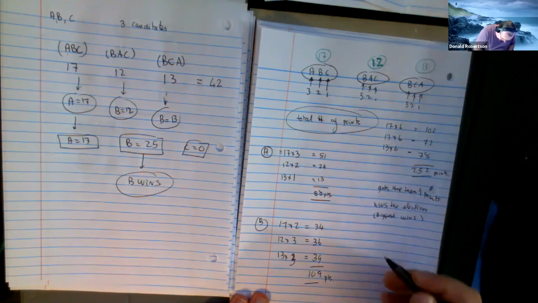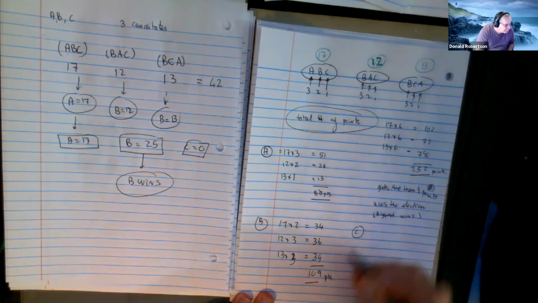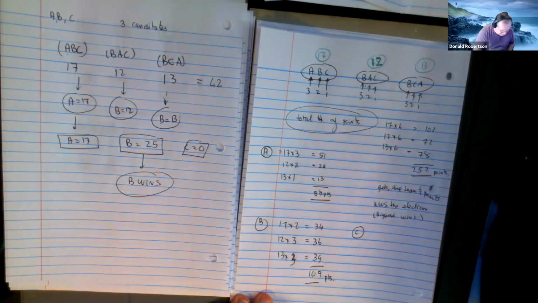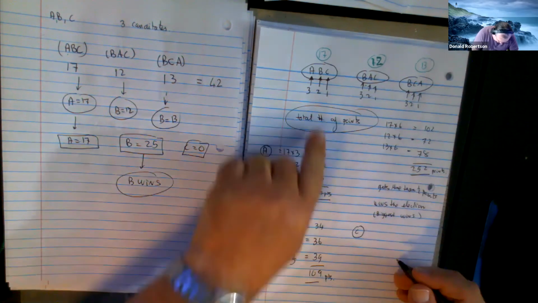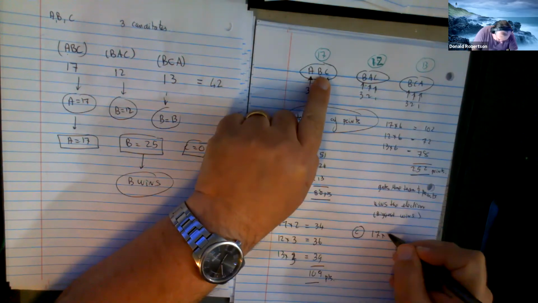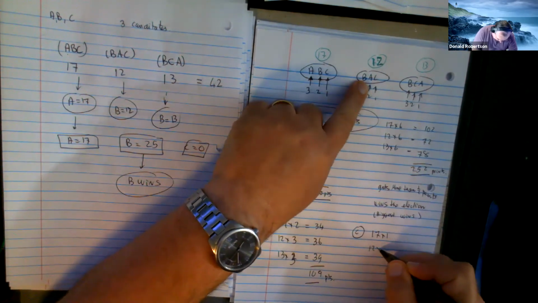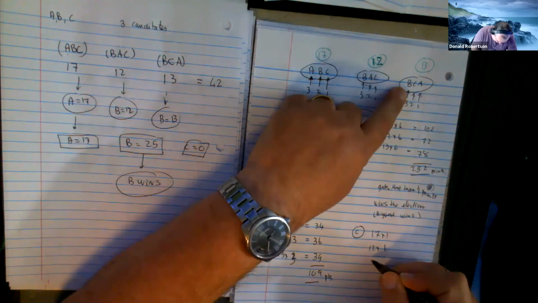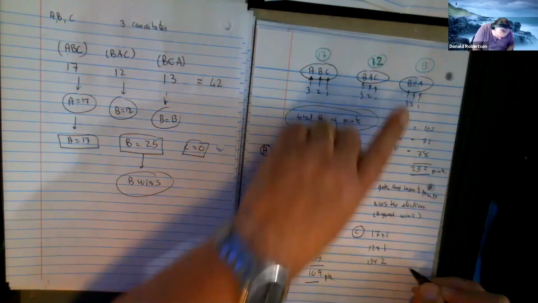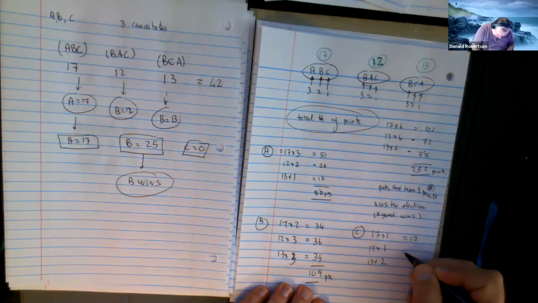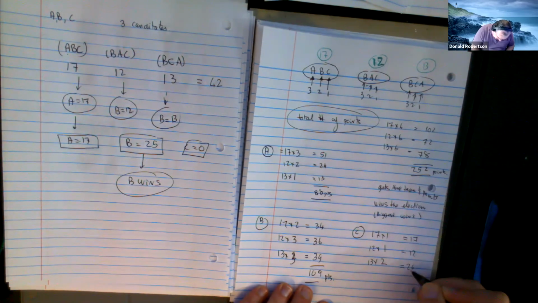I guess for completeness sake, I'll do C. But I'm pretty sure I know C is not going to win, right? But we should do it. 17 at 1 point. 12 people gave them 1 point. And 13 people gave them 2 points. 17, 12, and 26.